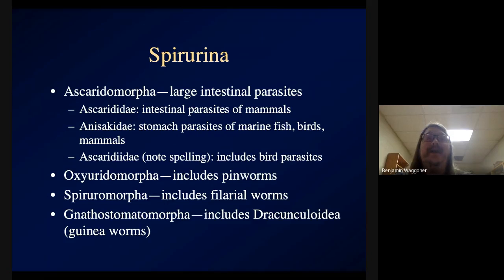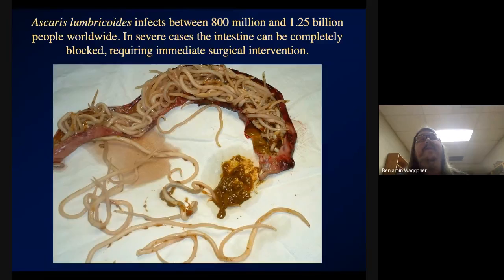First slide's kind of yucky. That's a bit of human intestine removed from someone with a heavy infestation of Ascaris lumbricoides, the human intestinal roundworm. Very common parasite, infecting between 800 million and 1.25 billion people worldwide.